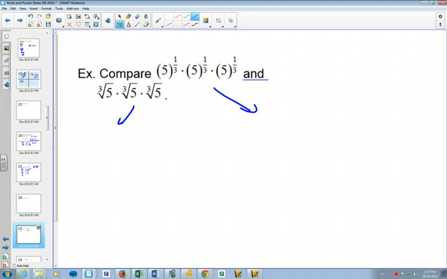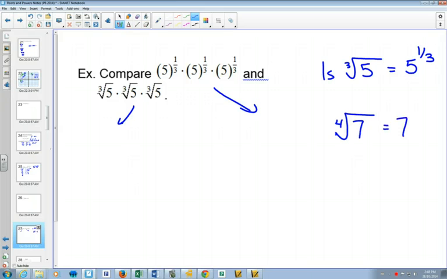Will they be equal? This is our big question. Is the cube root of 5 equal to 5 to the 1/3? We have to do the math to find out. And then we're going to use our calculator to do something else, like the 4th root of 7.